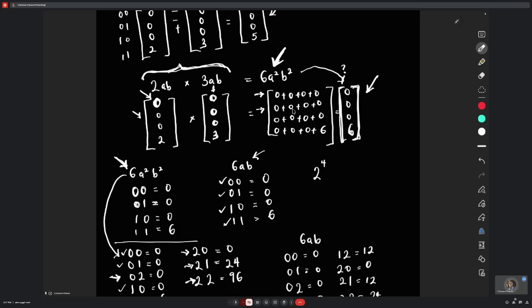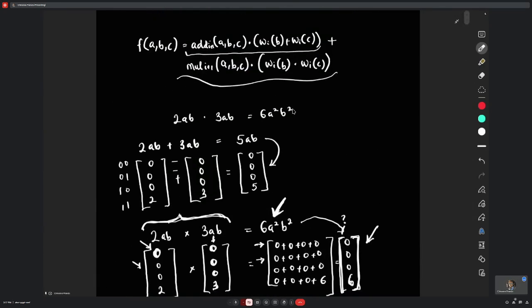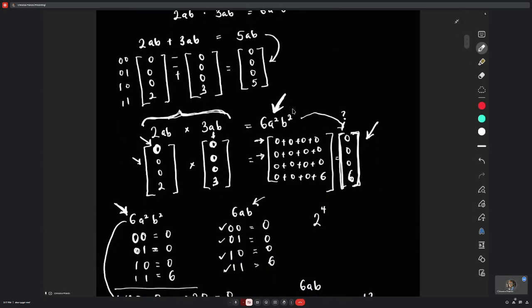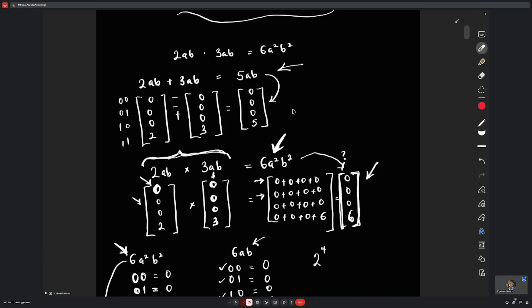Depending on the degree, you use an interpolating set. No, this is multiplication. This one. Yeah, this is multi.